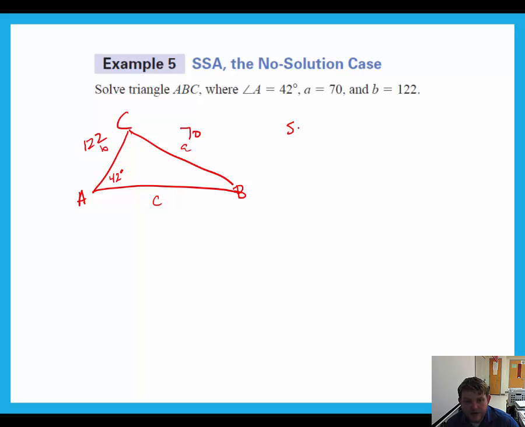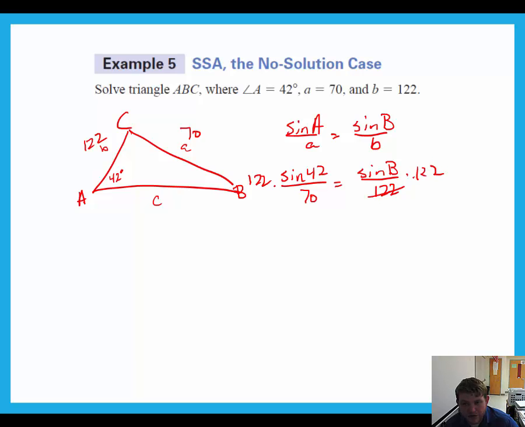Well, we can say that sine of big A over little a is equal to sine of big B over little b. Whenever we plug things in, we get sine of 42 over 70 is equal to sine of big B over 122. If we multiply both sides by 122, these would cancel.